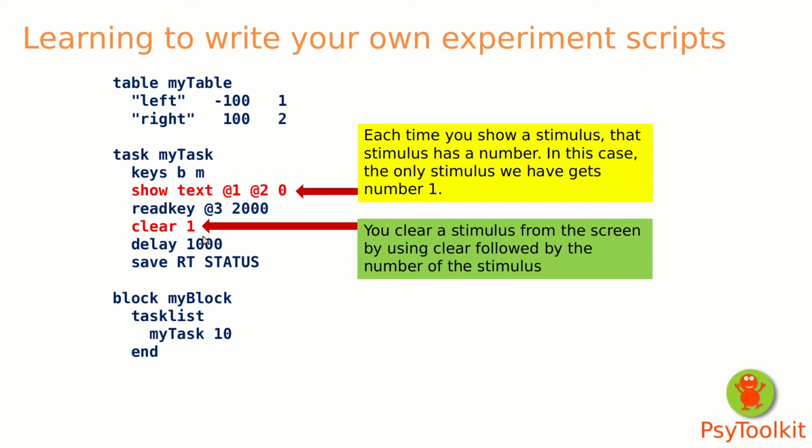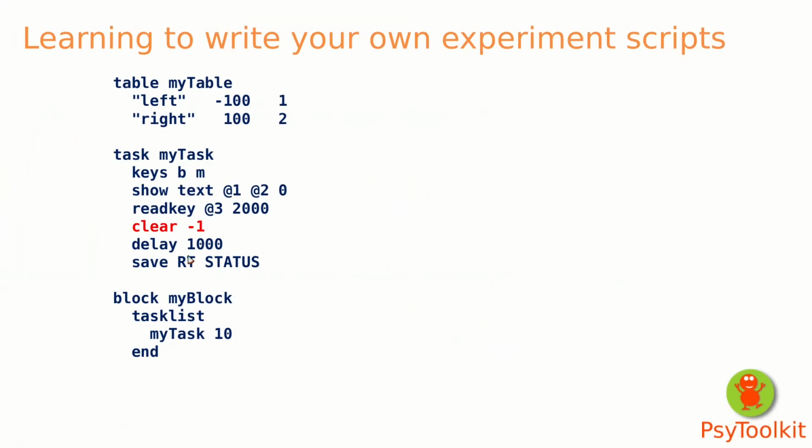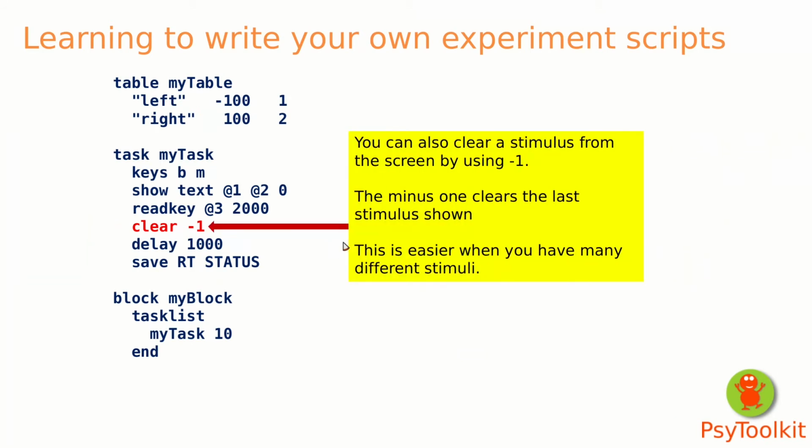Alternatively, you can have clear -1, and that basically clears the last stimulus shown, even if this would not have been stimulus 1. It would still clear the thing that has been shown on the screen just before. So -2 would be 2 stimuli before, even though that couldn't happen here in this task because we have only one stimulus.